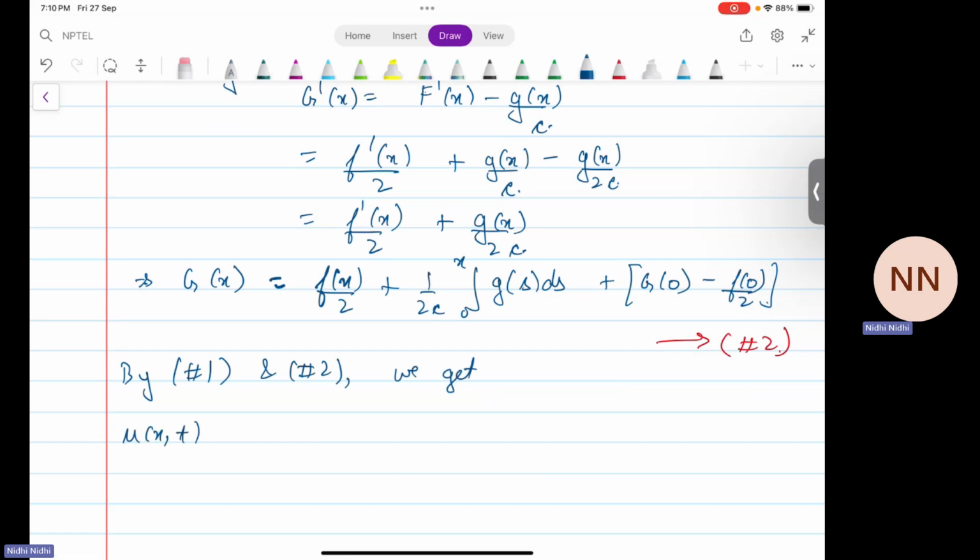uxt. Now uxt was fx plus ct plus gx minus ct.